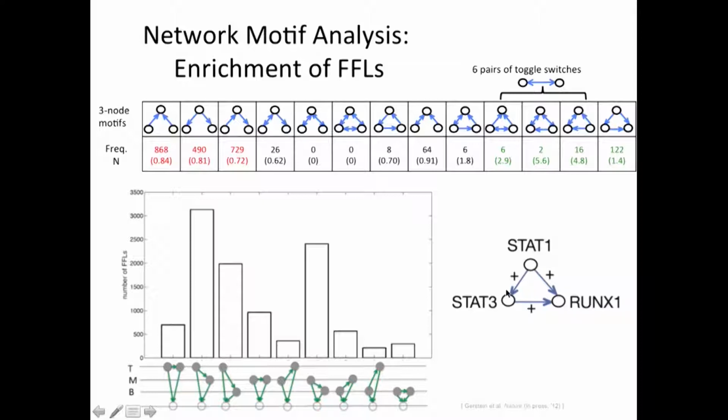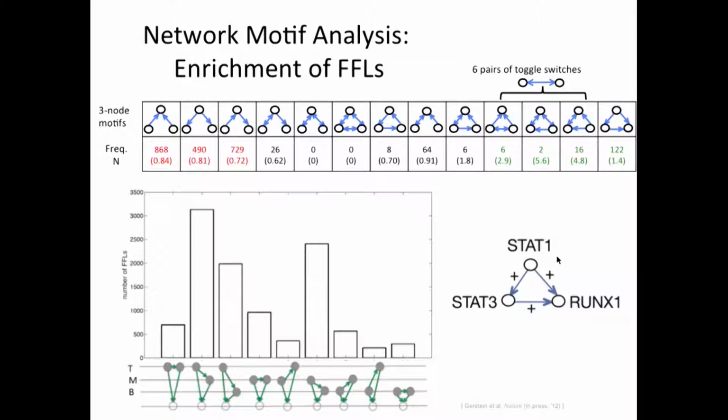This particular wiring has, for instance, STAT1 regulating RUNX1. It also regulates STAT3, and STAT3 regulates this. And this creates what's called a feed-forward loop, where A regulates B, A regulates C, and C regulates B too. And you can ask for all possible triplets and all possible wirings of those triplets, how often do you see that kind of little circuit board element in your global wiring diagram?